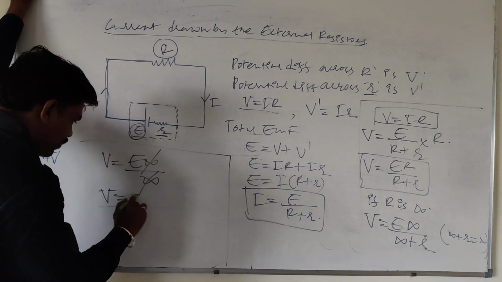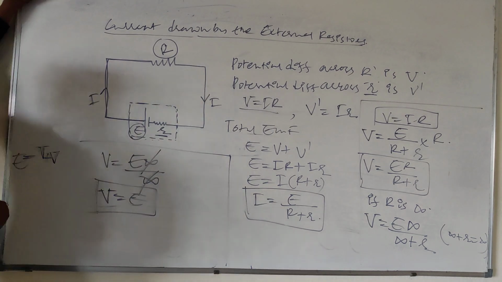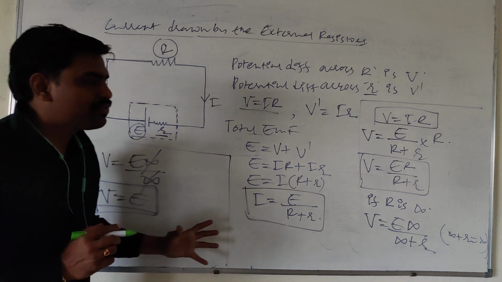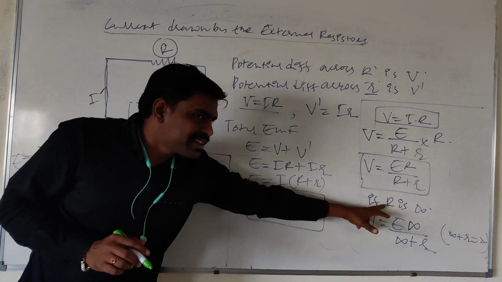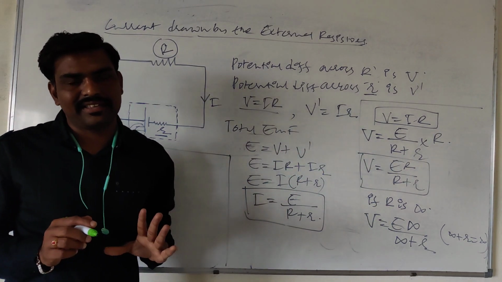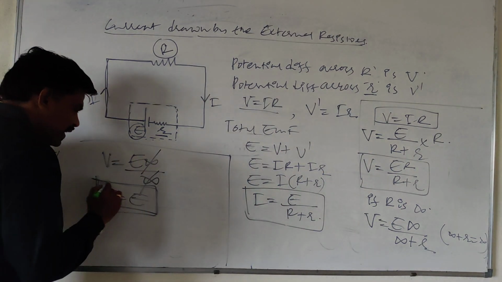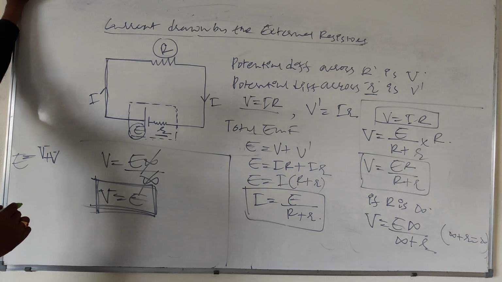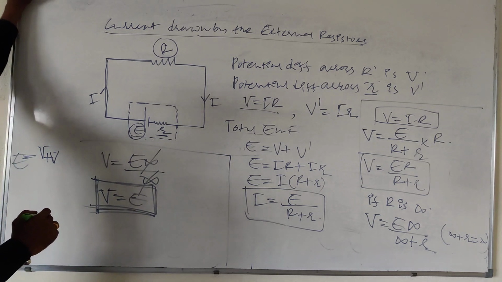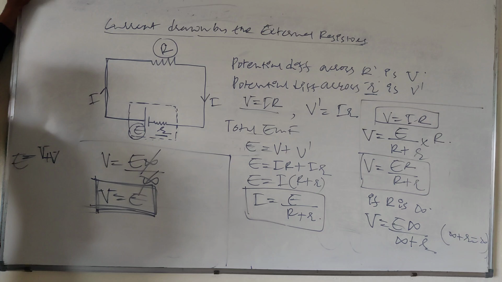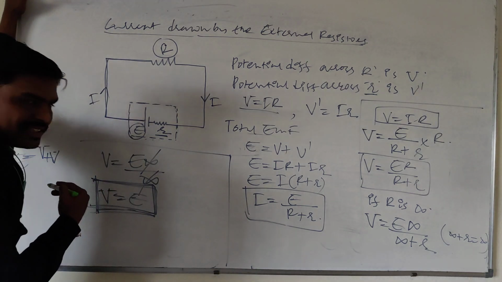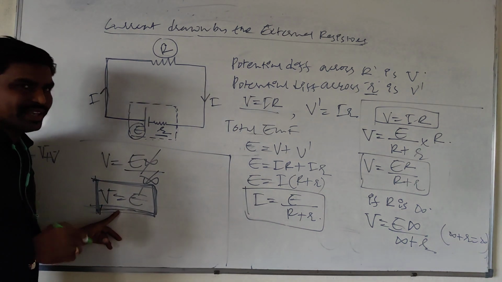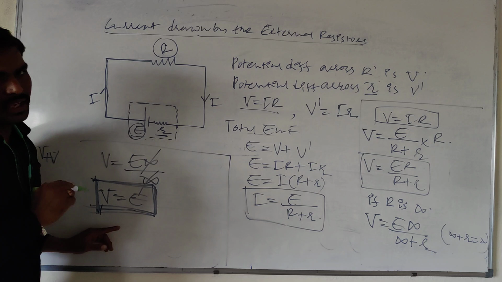So V is equal to E. When V is equal to E, it means the external resistance is infinity. If the circuit is open also, then V becomes equal to E.